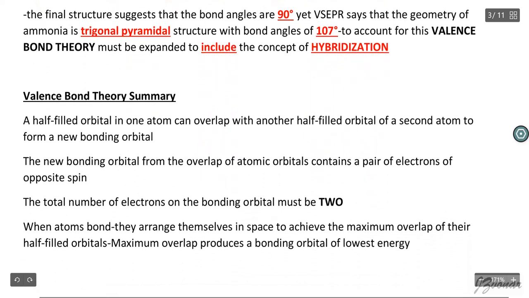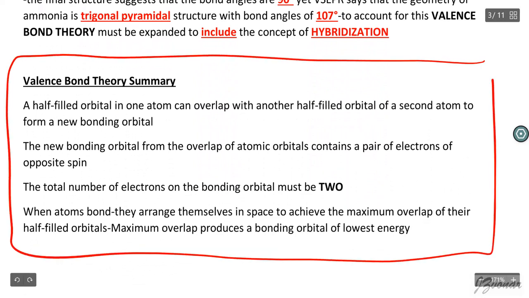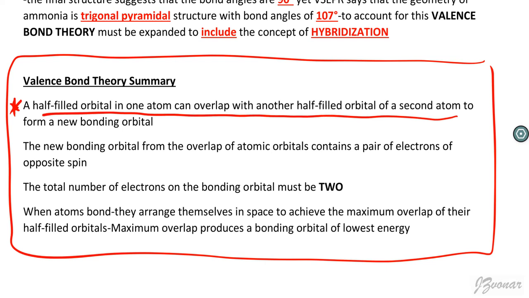All right, so we can now summarize what the valence bond theory says. Very important statements here. This one is very, very important: a half-filled orbital in one atom can overlap with another half-filled orbital of a second atom, and that is how we form a covalent bond. This new bonding orbital where the overlap occurs contains a pair of electrons of opposite spin.